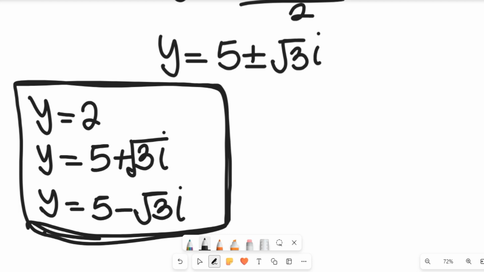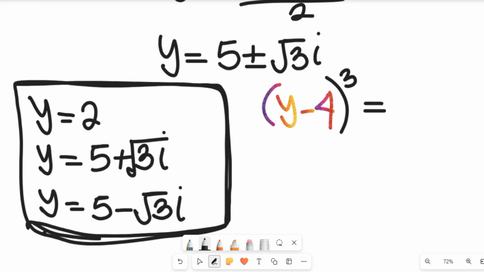Now let's check to see if our value y equal to 2 truly satisfies the expression that is given to us. Recall that from the original expression we have y minus 4, all to the power of 3, which we said is equal to negative 8.